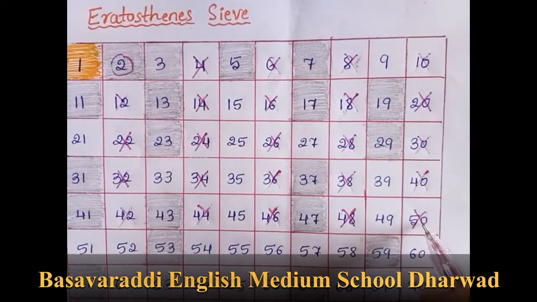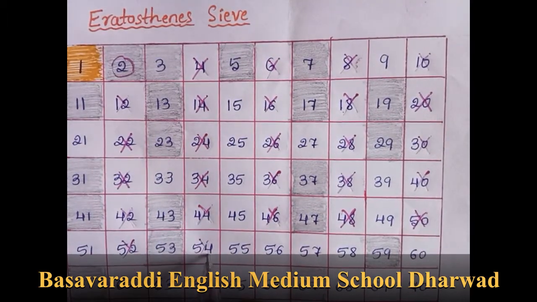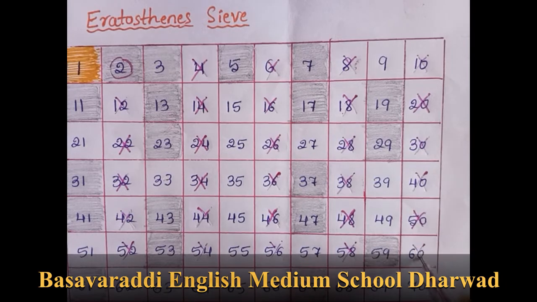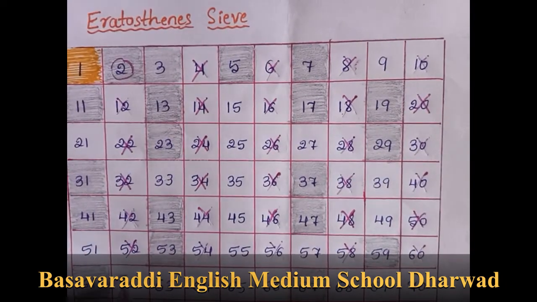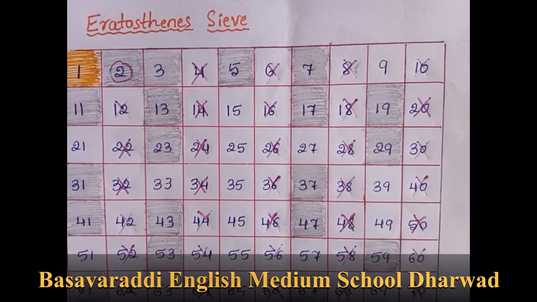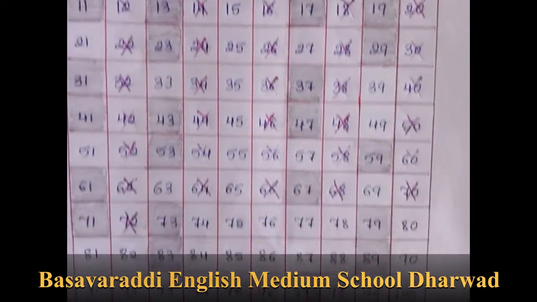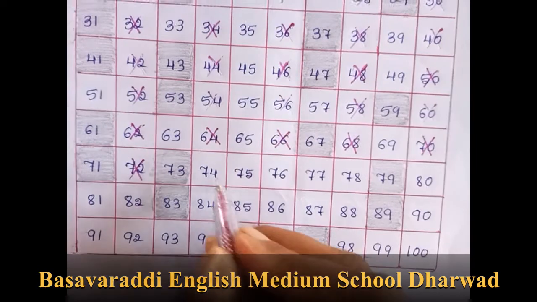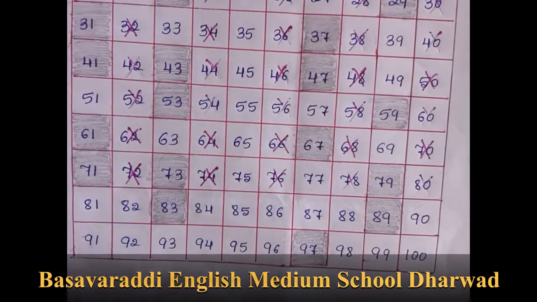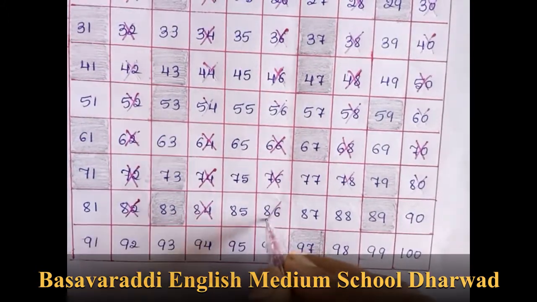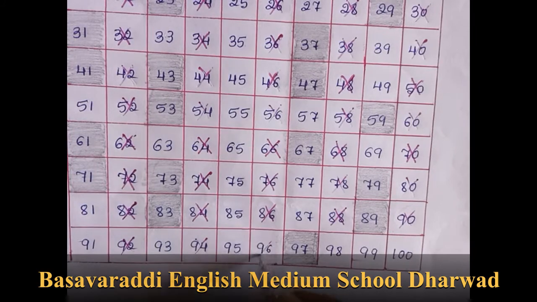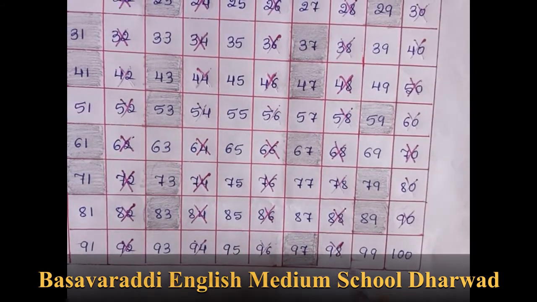48, 50, 52, 54, 56, 58, 60, 62, 64, 66, 68, 70, 72, 74, 76, 78, 80, 82, 84, 86, 88, 90, 92, 94, 96, 98 and 100.